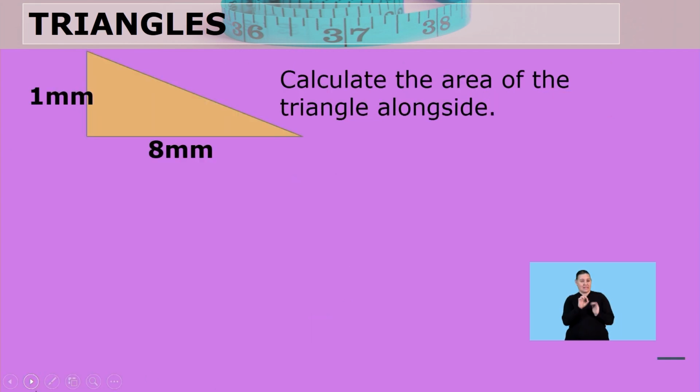So, in this example, calculate the area of the triangle alongside. Looking at this particular shape, all the information is present on the diagram. I've got to take it out of the diagram and make it work. First things first, what's the formula for the area of a triangle?